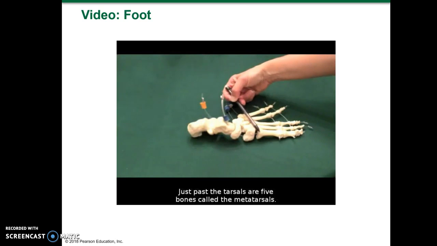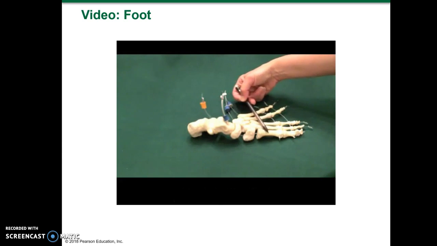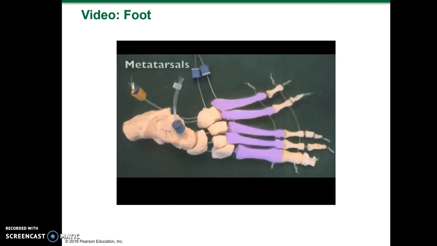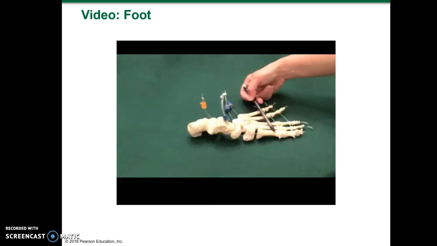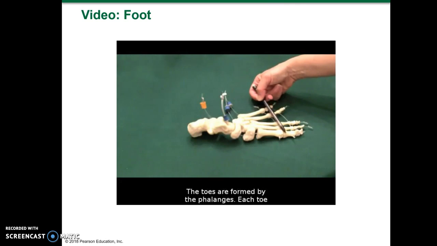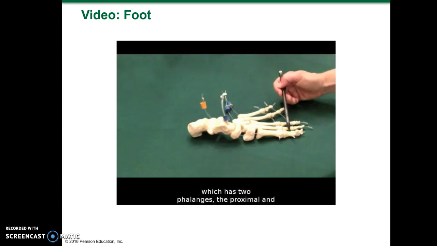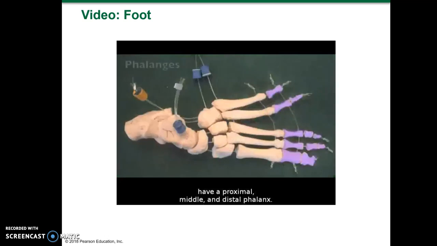Just past the tarsals are 5 bones called the metatarsals. The toes are formed by the phalanges. Each toe has 3 phalanges, except for the big toe, which has 2 phalanges, the proximal and distal phalanx. The rest of the toes have a proximal, middle, and distal phalanx.